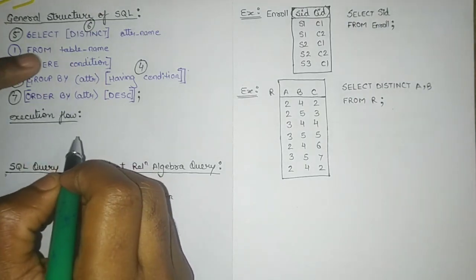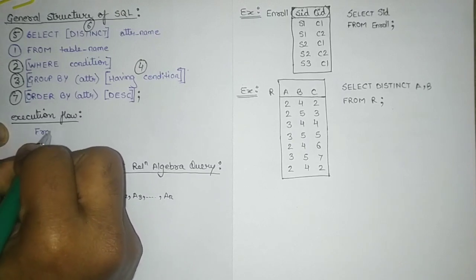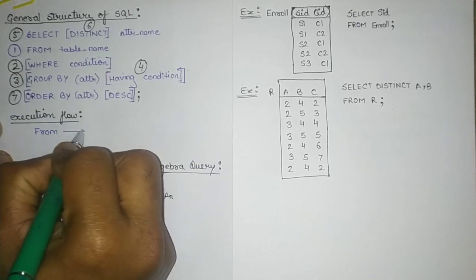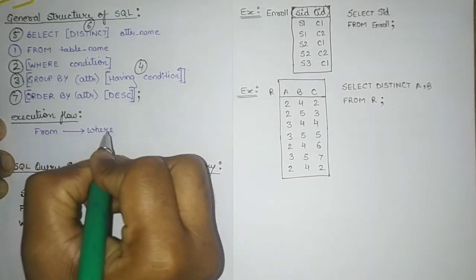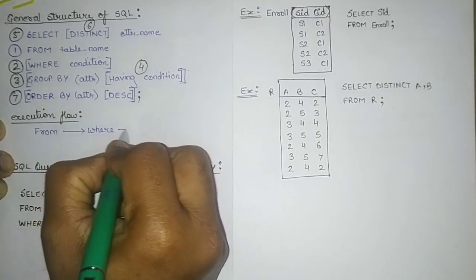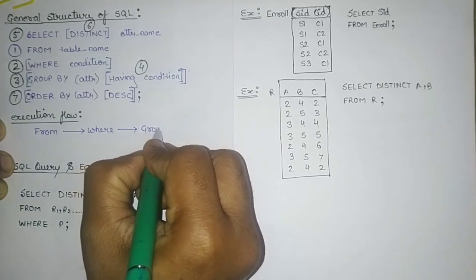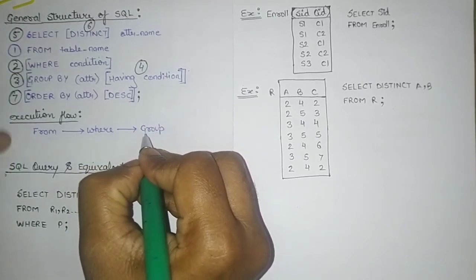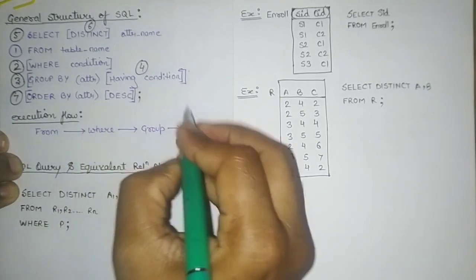See, first of all, we go with the from. We have identified from which particular table I need to take the data. Then I have to check the condition, and the condition is given in the where clause. Once I have checked the condition, then we have to group the data, which is done in the group by clause, and we group by satisfying some condition which is given in the having condition.